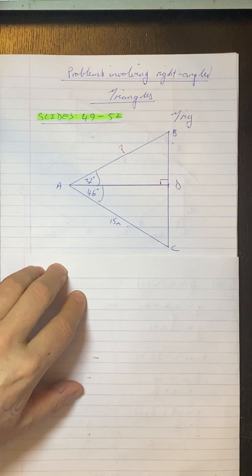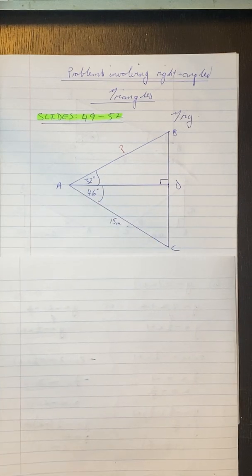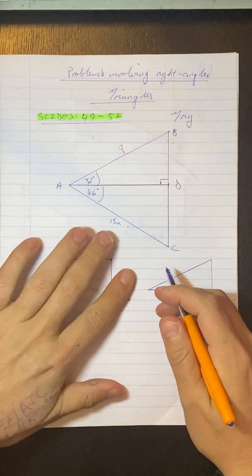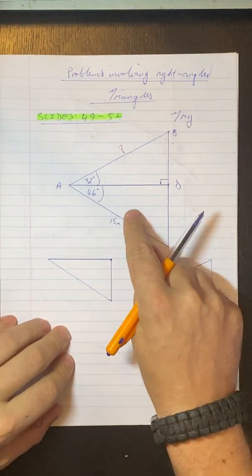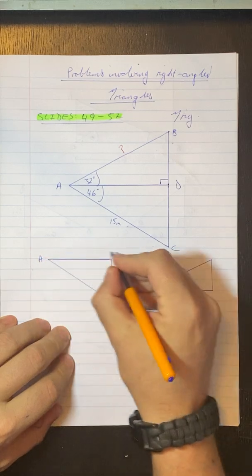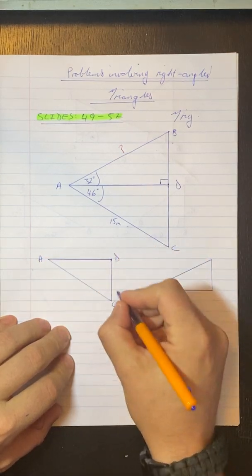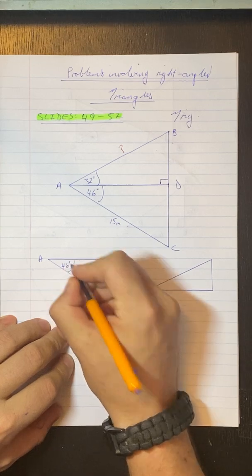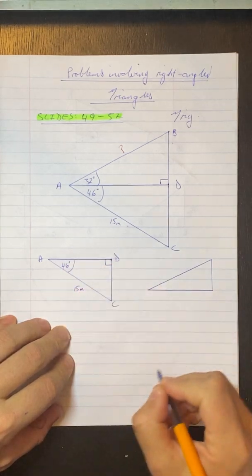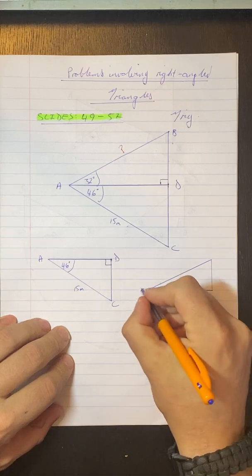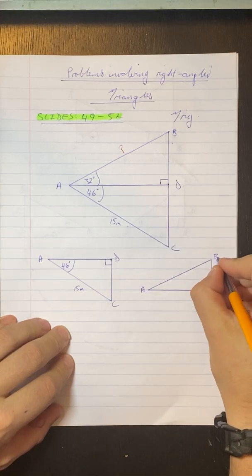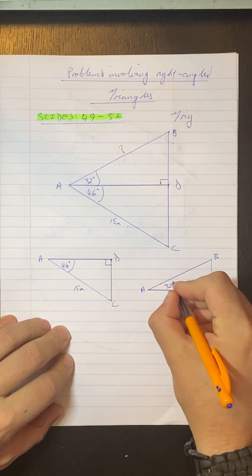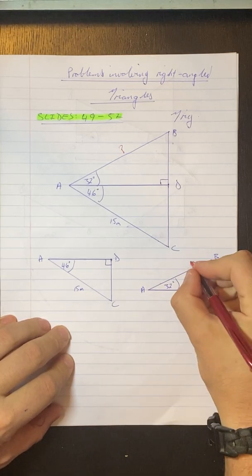So with these type of problems, what I do is I break it down into the two triangles. This triangle over here will be this bottom one, ADC, where that is 90, this is 46, and this is 15 meters. This one will be the top one, ABD, 32, and this is the side that we want to find.